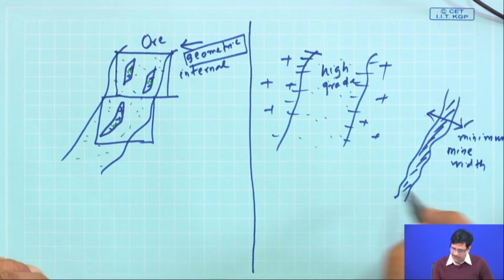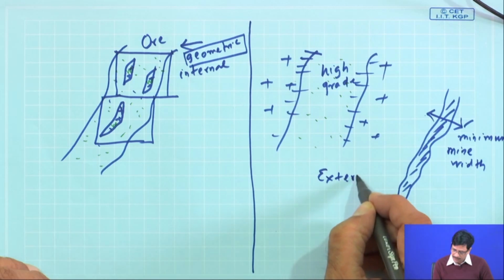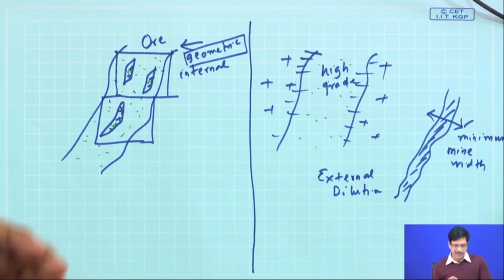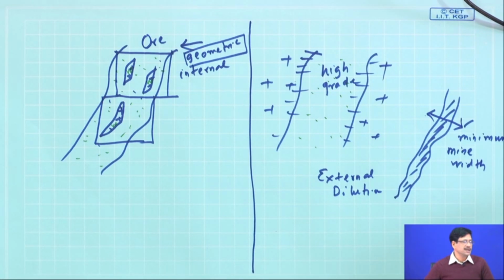So, in this case this is an external dilution, and these are the cases in which the dilution is geometric, or sometimes it is inherent.